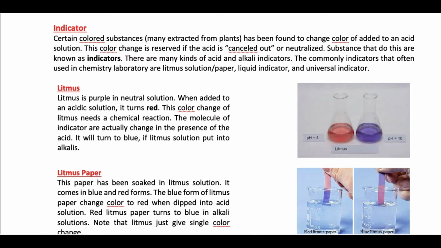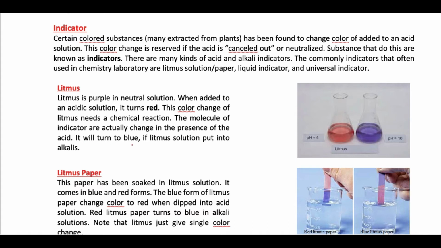So, litmus. Litmus is purple in neutral solution. When added to an acidic solution, it turns red. This color change of litmus needs chemical reactions. The molecules of the indicator are actually changed in the presence of the acids.